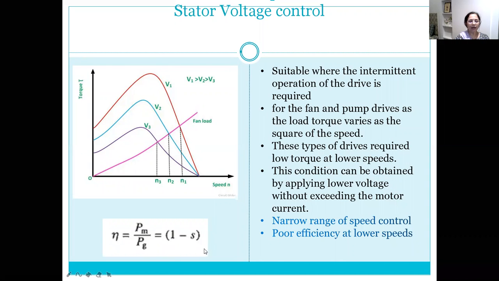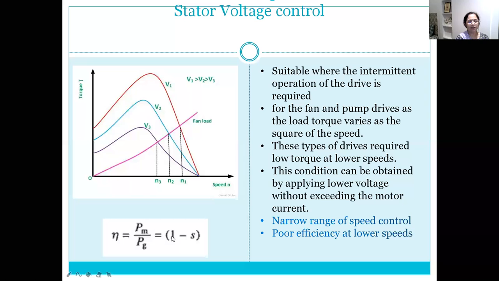Secondly, when we look at the efficiency expression, we realize that efficiency is given by the mechanical power divided by the generated power, PG, or air gap power, and this efficiency can be written as 1 minus S. Now, if we start looking at these reduced speed conditions, as the speed reduces, slip value keeps on increasing.